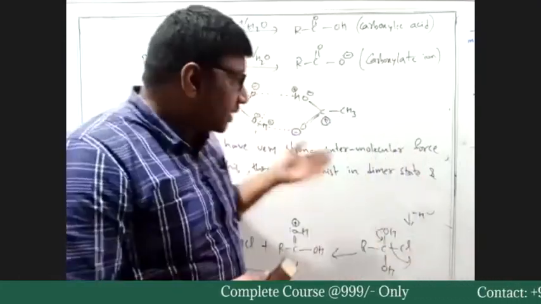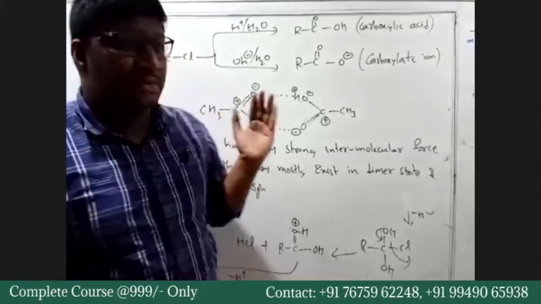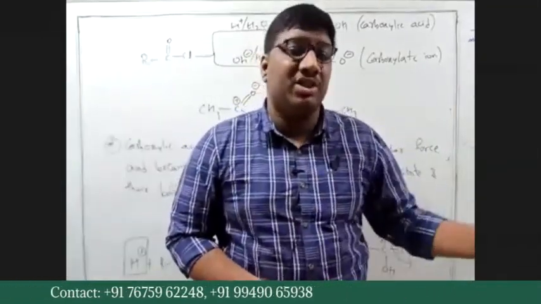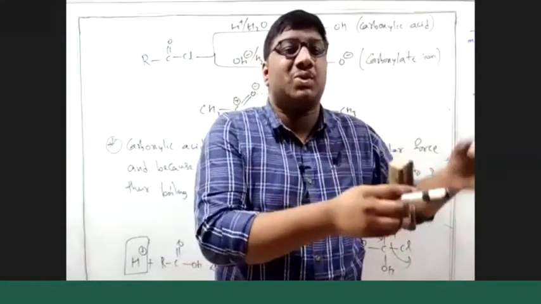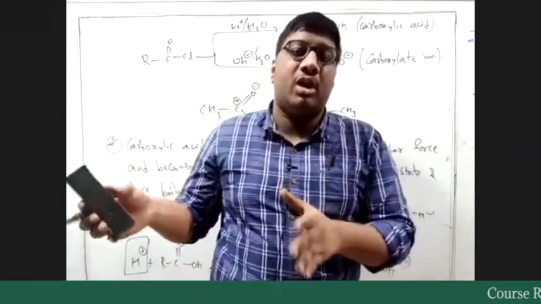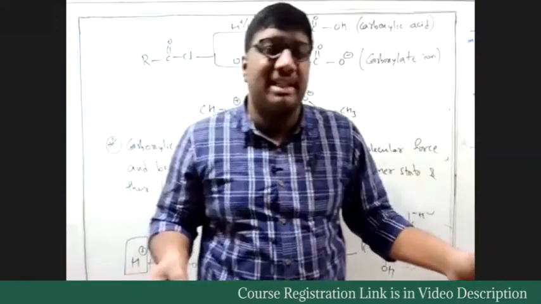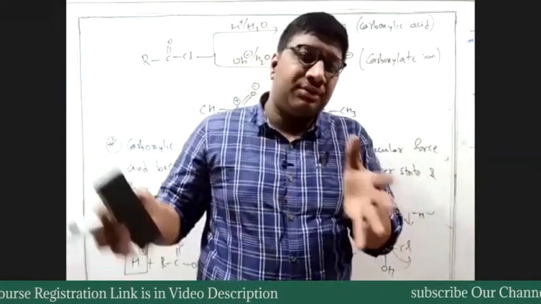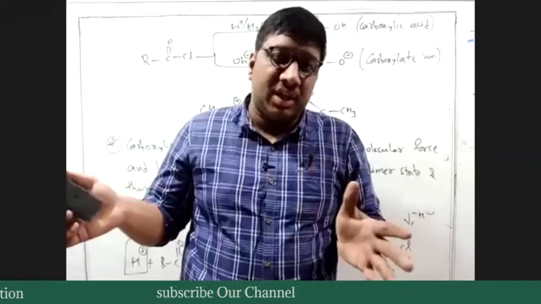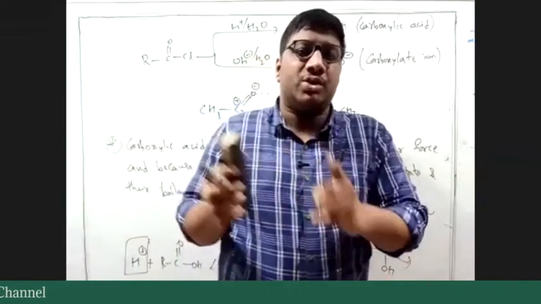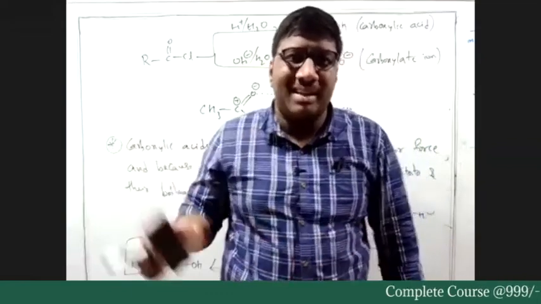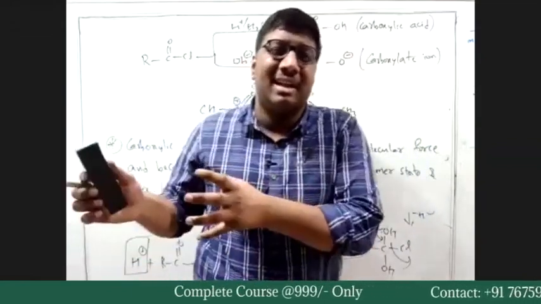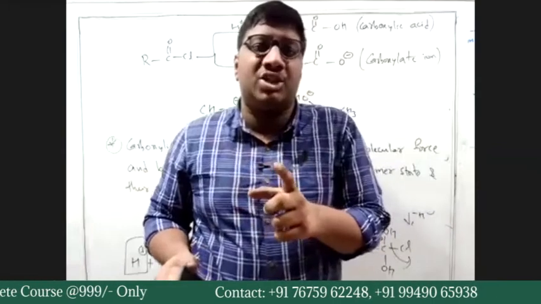But when you try to increase the chain, instead of CH3COOH, if you take CH3CH2CH2CH2COOH, a 4 carbon chain with COOH attached, then all the CH3, CH2, CH2, CH2 are non-polar groups. No way there is polarity. If you increase the chain length, there is no polarity in the long chain.